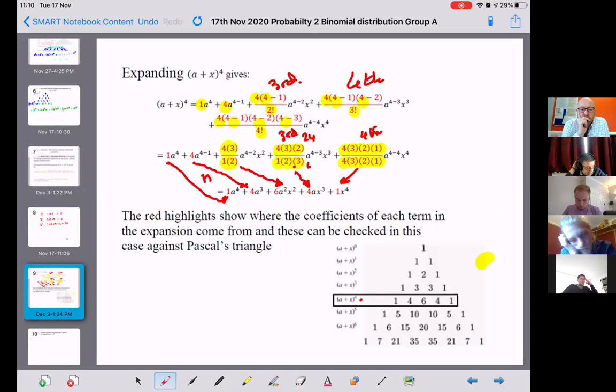So it can be a quick way to get to one or more terms in the expansion. And again, the result checks against Pascal's triangle entry for a plus x to the 4: 1, 4, 6, 4, 1.